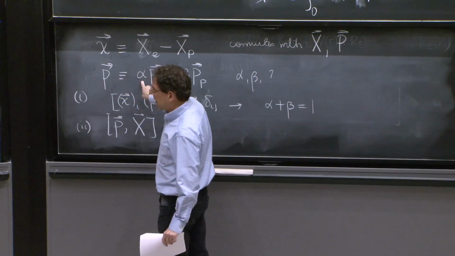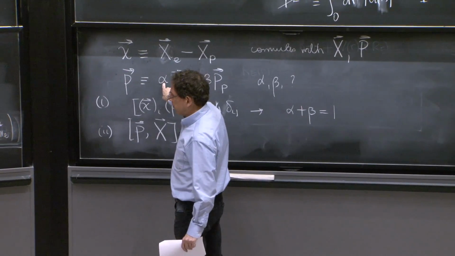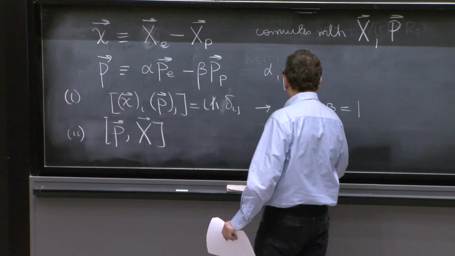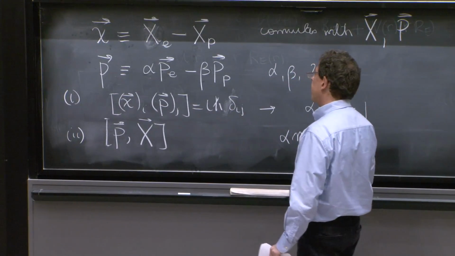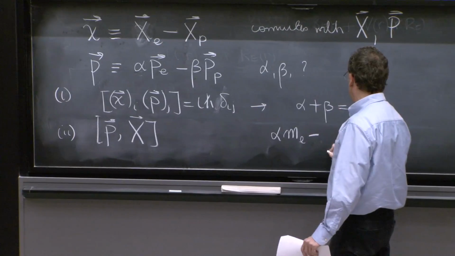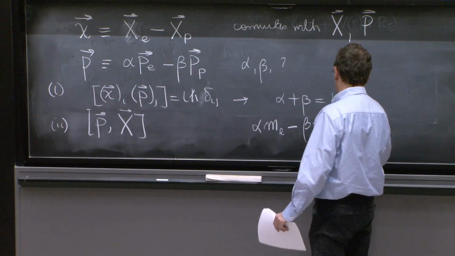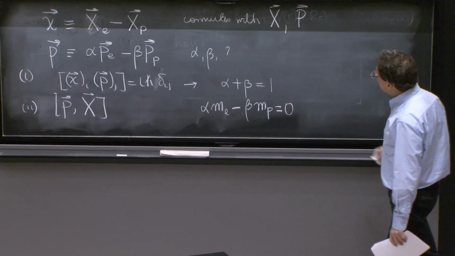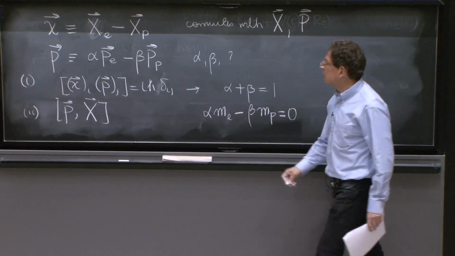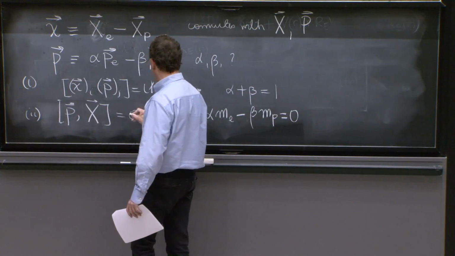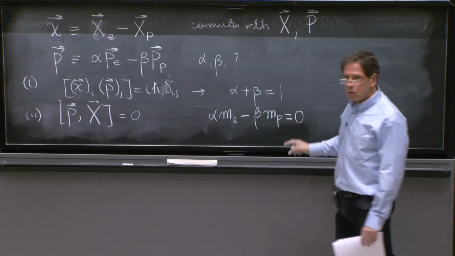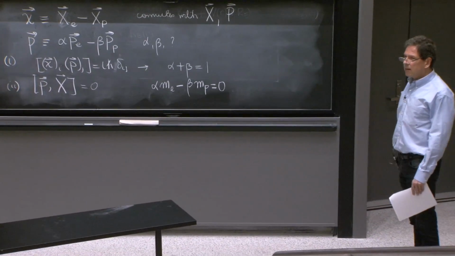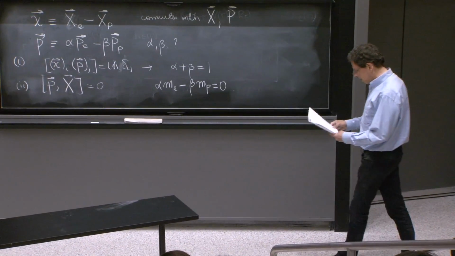Well, alpha of the p of the electron goes with m_e, so it's something like alpha m_e minus beta m_p is equal to 0. And please, this commutator should be 0. Please make sure you know how to do this. You can get those conditions. I'm going maybe a little fast for you to just follow it up.